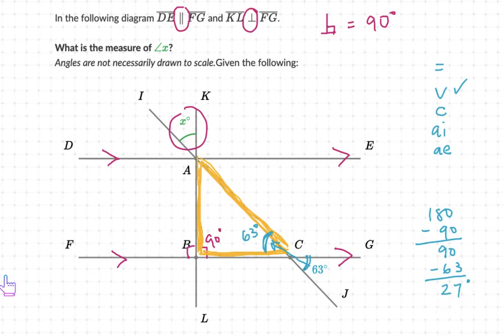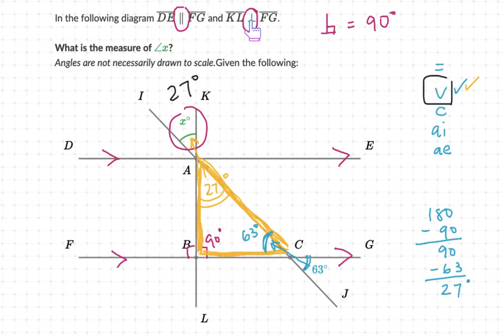So that means this angle right here is 27 degrees. And when you look at that, it's across from angle X, which is what we have to find. It's vertical angles again. So that leaves angle X as 27 degrees as well. We just used a whole bunch of vertical angles.